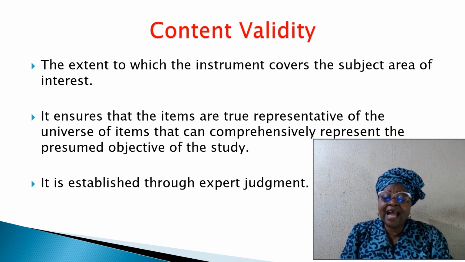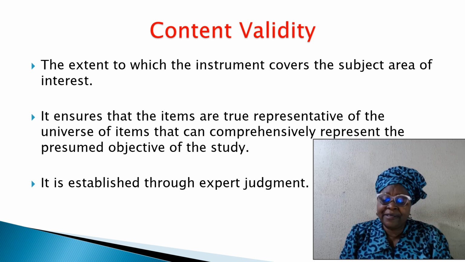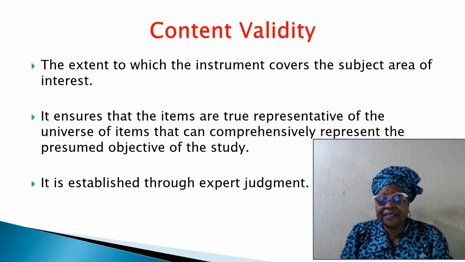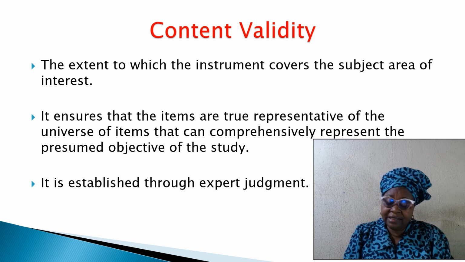Sometimes if we are looking at tests, if our instrument is for achievement, we use a table of specification, because the table of specification will help you to identify the universe of the content the instrument is going to measure. Sometimes we can still use judges and calculate what we call content validity index.